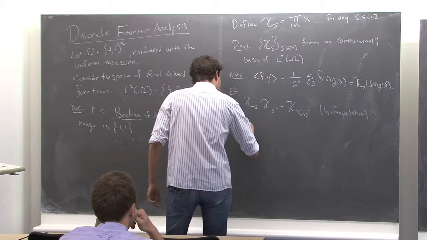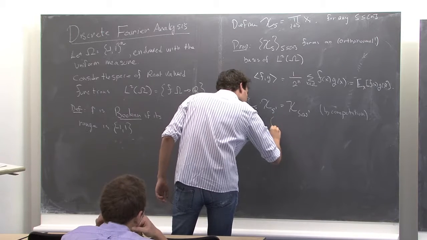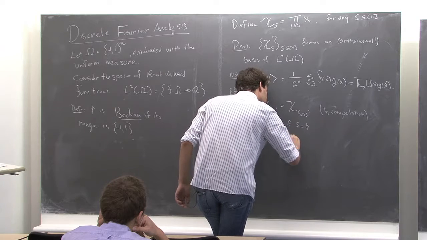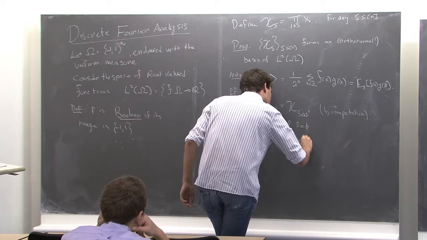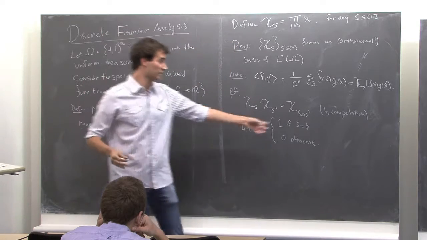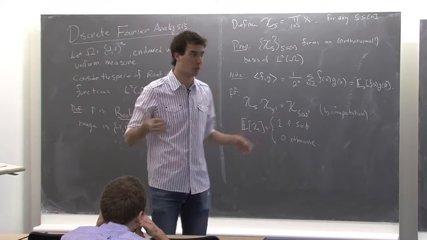and the expected value of each one of these guys is just 1. Obviously, if I take the empty set, that's the constant function, the expectation of a constant function, 1.